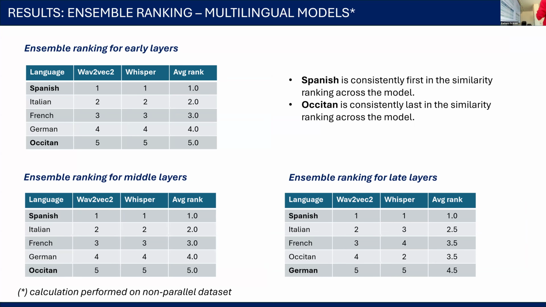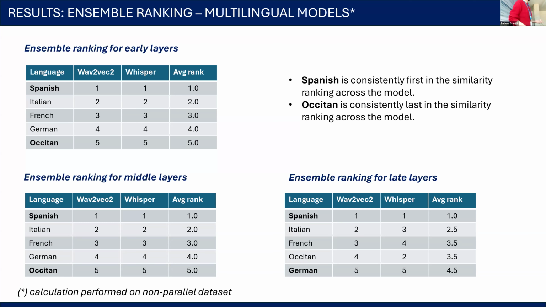Multilingual models, they absolutely all agree. We see that the ranking is the same, basically, except for maybe later layers. In late layers, we find German, but Occitan is close to last. Occitan is last in both middle layers and early layers, and first is Spanish always.